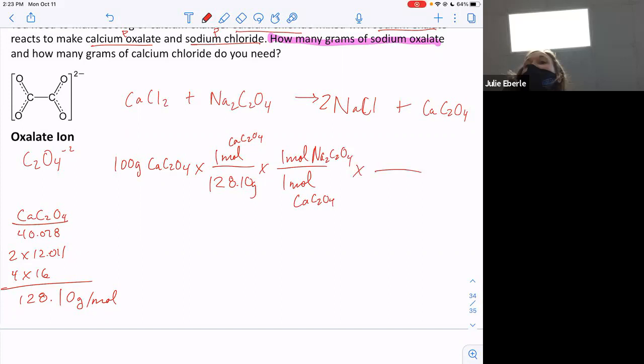I want to know how many grams of sodium oxalate. So I'm going to put moles of sodium oxalate in grams, so this is the molar mass that I need of sodium oxalate. It's going to be very similar to calcium oxalate, but with 2 sodiums, which is basically 23.0, 22.99.